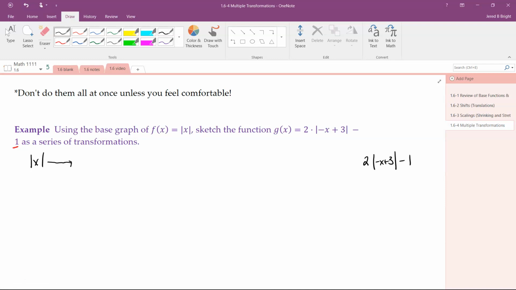And I actually happen to have one. There's this 3 hanging out, right? So I'm going to transform this to x plus 3. And when I do that, I'm going to just write on this arrow, so I know what's going on. This is going to be a horizontal shift, okay? And then this would be left 3 units, okay?